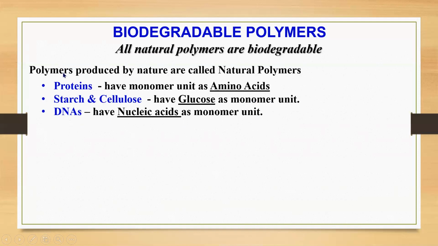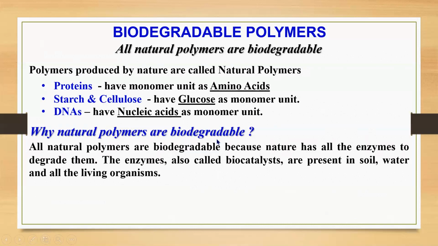So these are called natural polymers. One important thing about natural polymers is that they are biodegradable. Why? Because nature has all the enzymes to degrade them. These enzymes, also called biocatalysts, are present in soil, in water, and in living organisms.